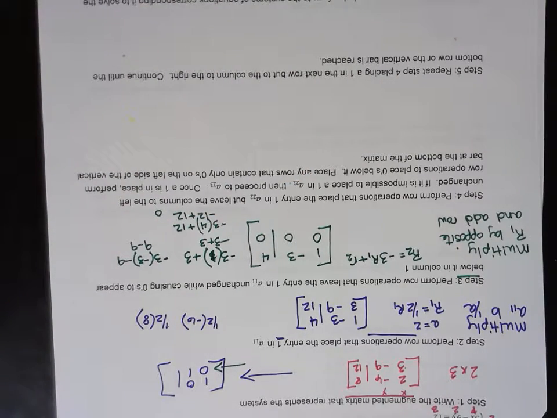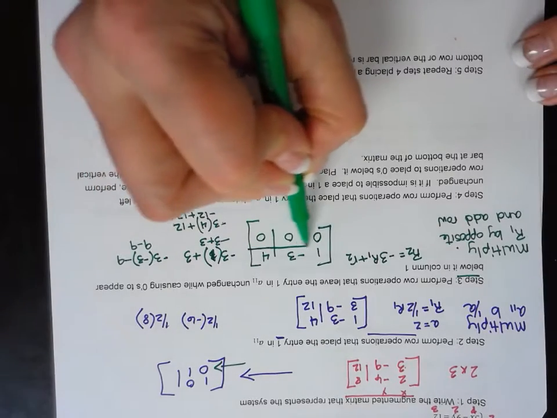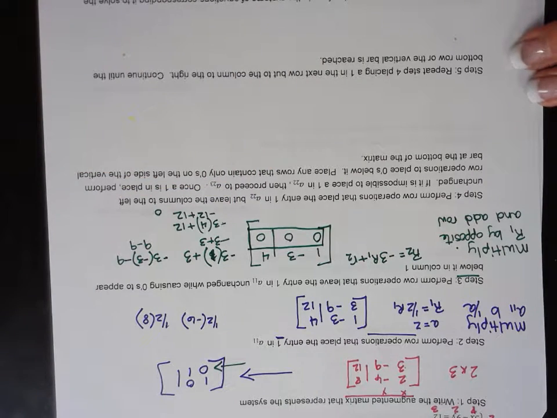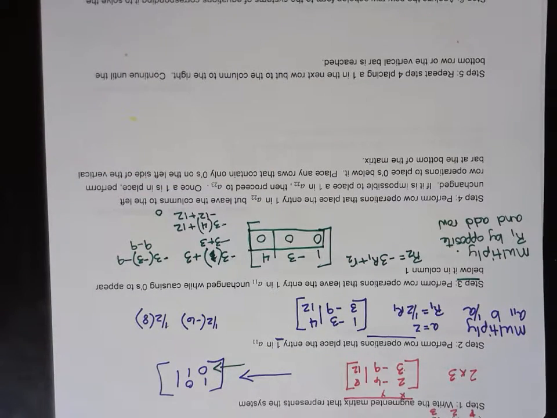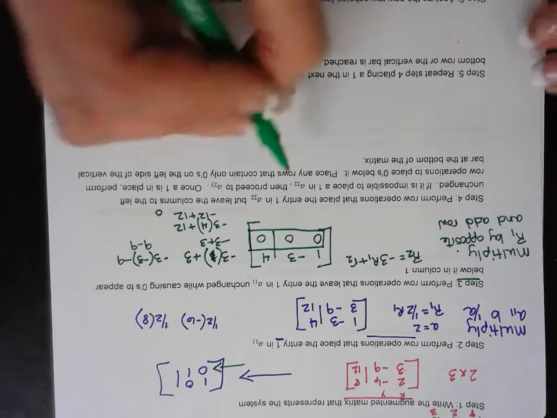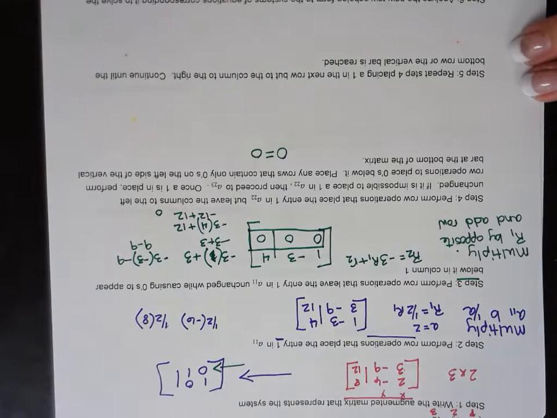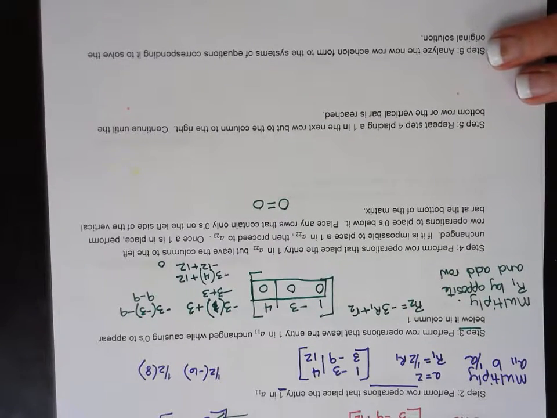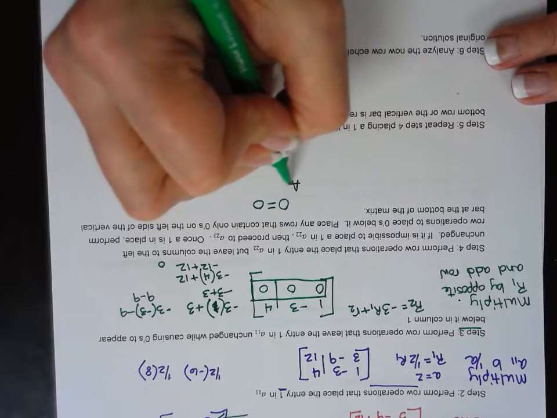Okay. Now, at this point, anytime you get something that looks like that, if you put that back into equation form, that's like saying 0 equals 0, right? What kind of solution do you have? All solutions, right?